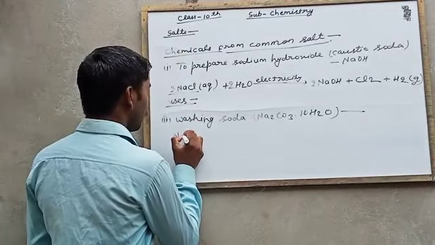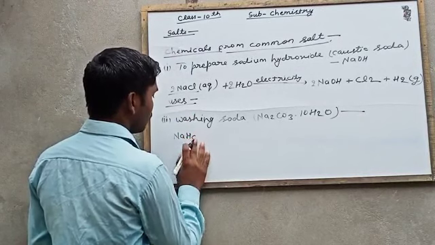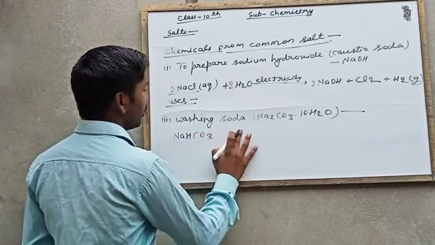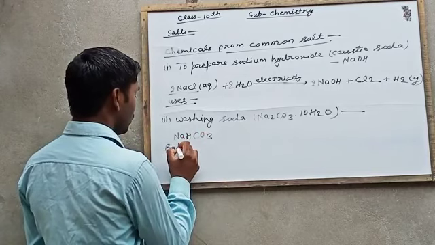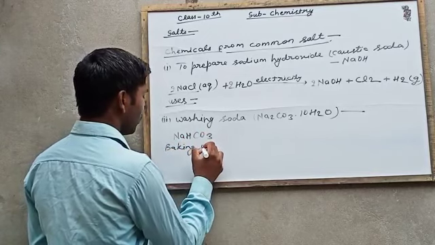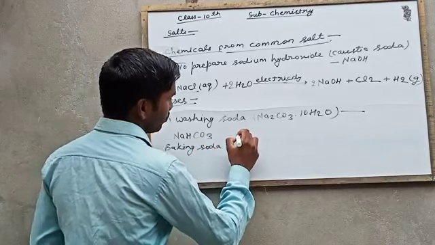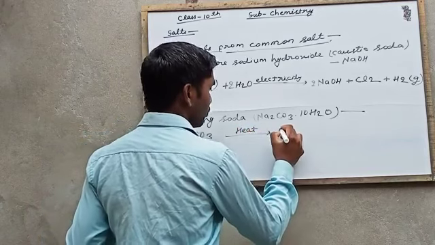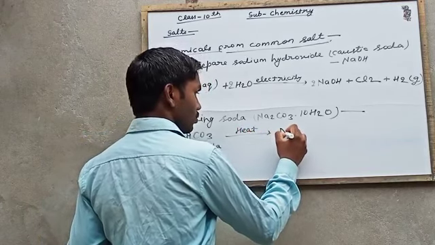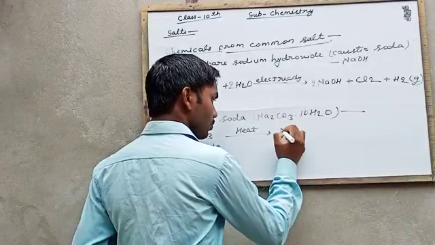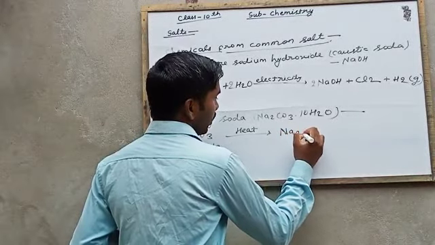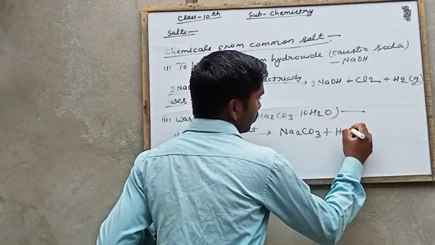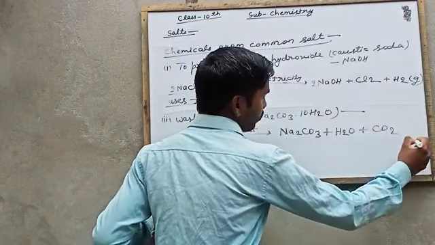So NaHCO3, this is baking soda. Na2CO3 plus H2O plus CO2.